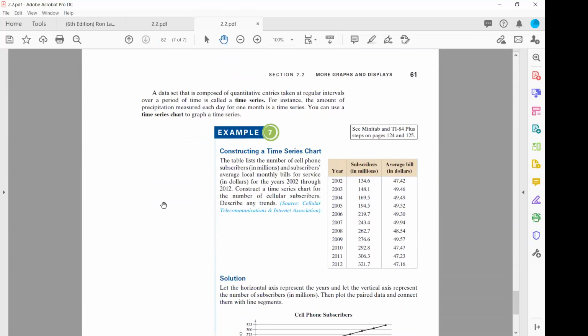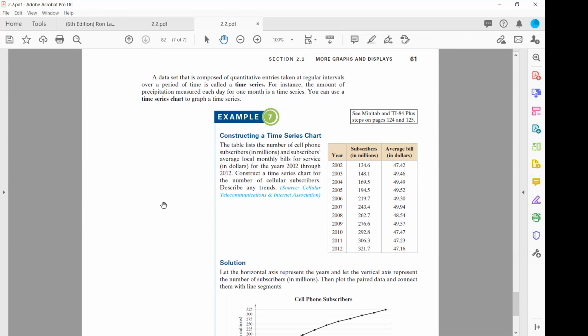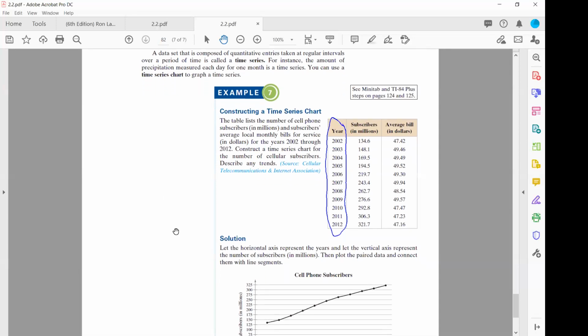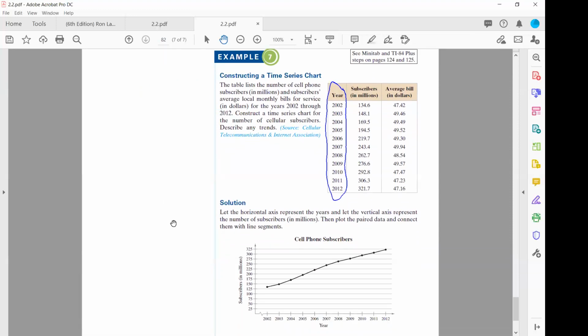Now let us talk about the time series chart. Very well. Time series charts are related to data that includes time, such as day, month, or year, and you're interested in visualizing the data using time.